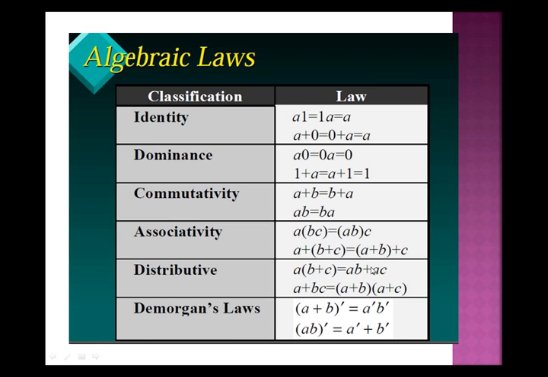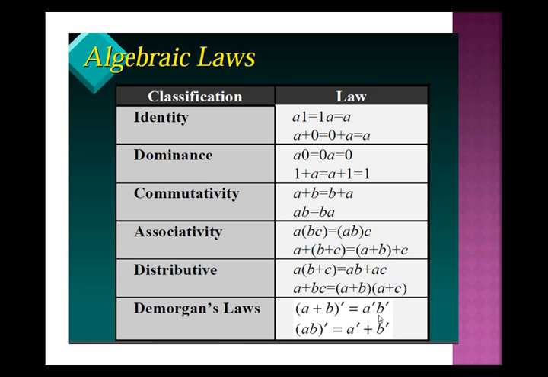Then we discussed some laws, that is some terms and conditions available in Boolean algebra: identity, dominance, commutative, associative, distributive, and De Morgan. This is the most important one, where plus becomes multiplication. Plus is your OR operation, and multiplication is your AND operation.